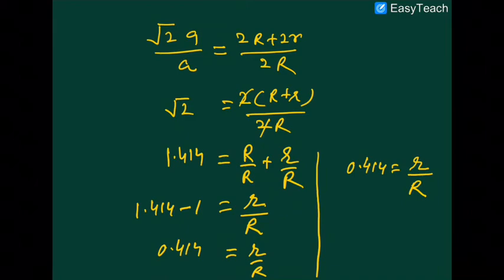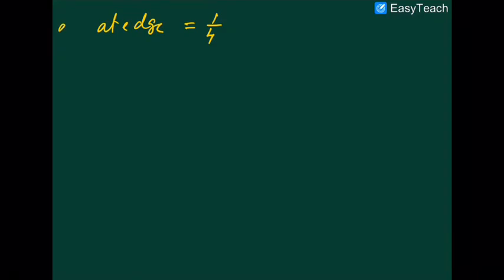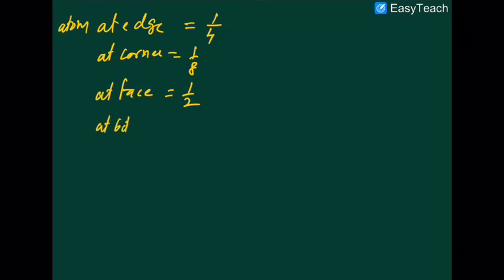Now you can find the formula of the various types of compounds by using the already known contributions. If an atom is at an edge, the contribution is 1/4. If an atom is at a corner, the contribution is 1/8. If an atom is at a face, the contribution is 1/2. If the atom is at the body center, then the contribution is 1.